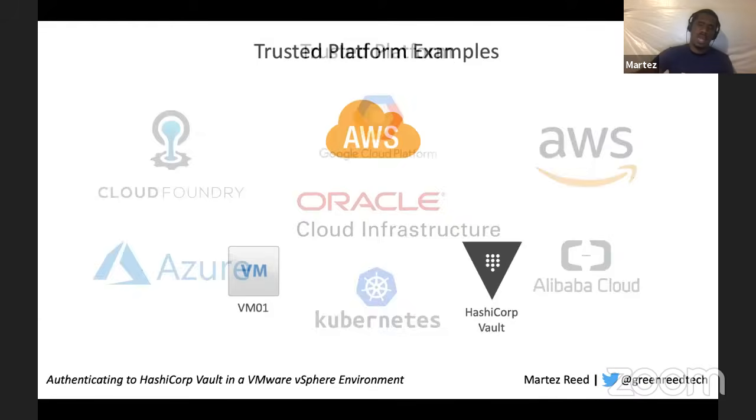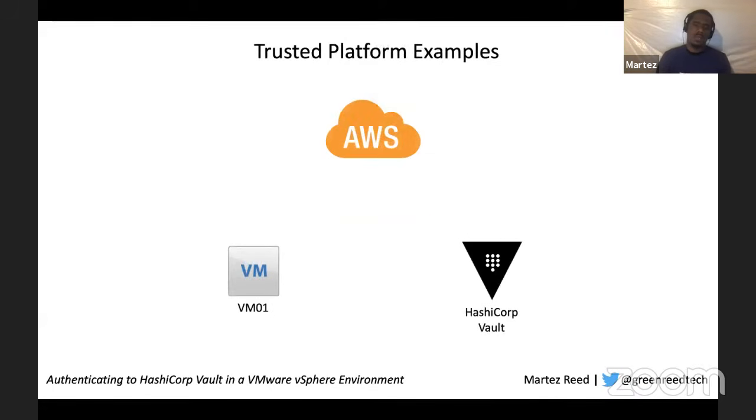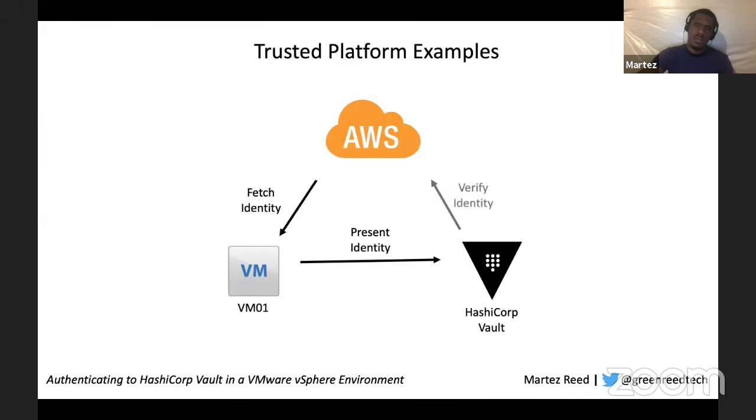And so walking through that, an example would be a machine that needs to authenticate to AWS. It fetches the identity information from the metadata service. It then passes that to HashiCorp Vault to validate the actual identity information. Vault verifies the identity with the trusted platform, or in this case, the AWS API, and then provides the token.